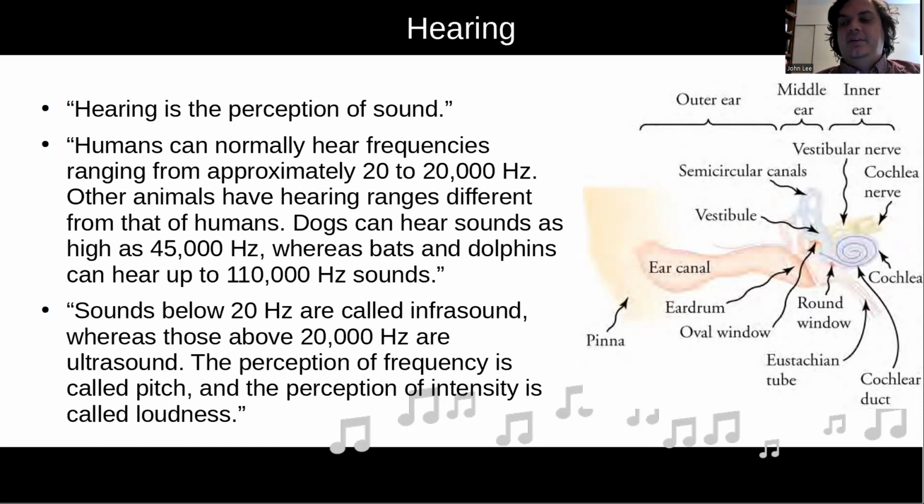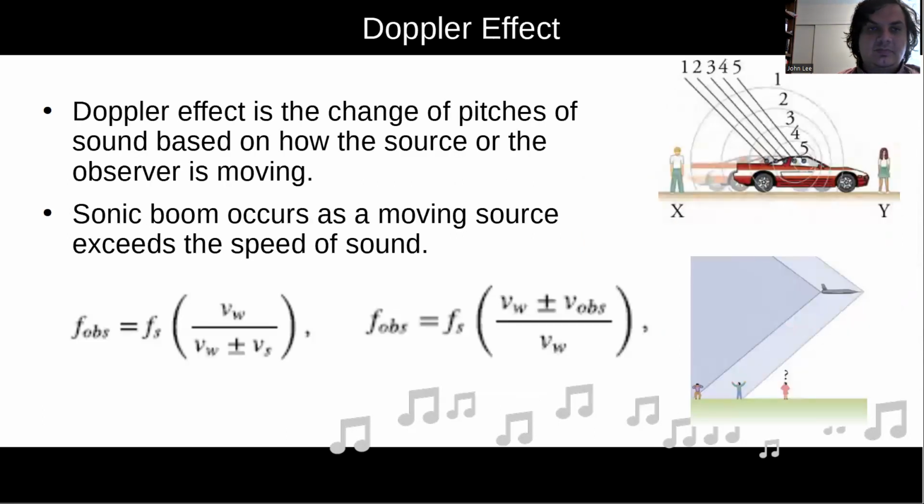So if you've had an ultrasound in your life, then that's just because it's at a higher frequency than the sounds that humans are capable of hearing. That's why it's called ultra or higher sound. And then the perception of frequency is called pitch, and the perception of intensity is called loudness. So that's basically how we interpret sound.